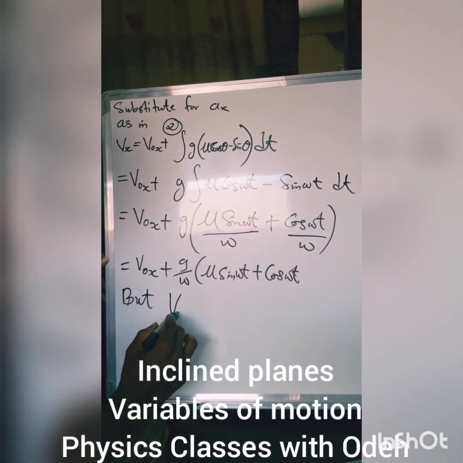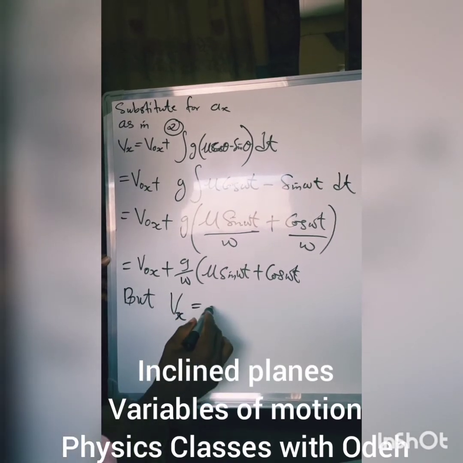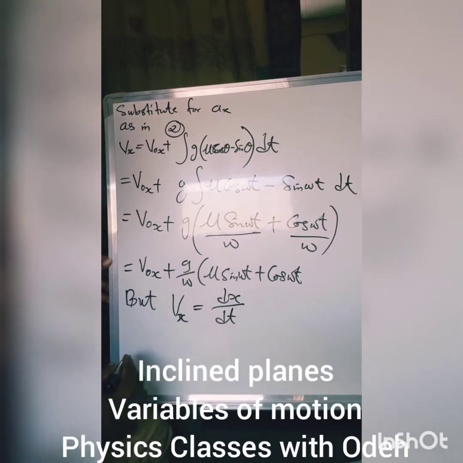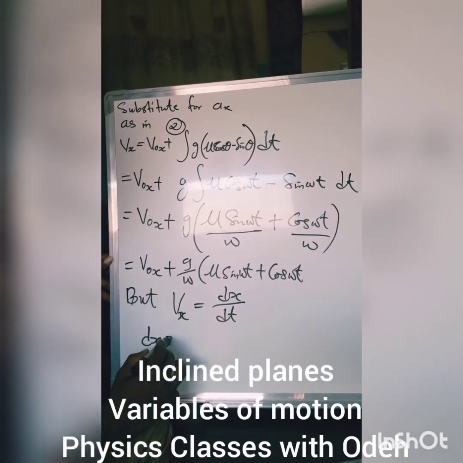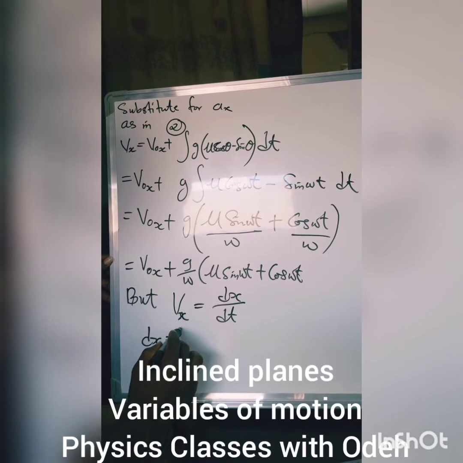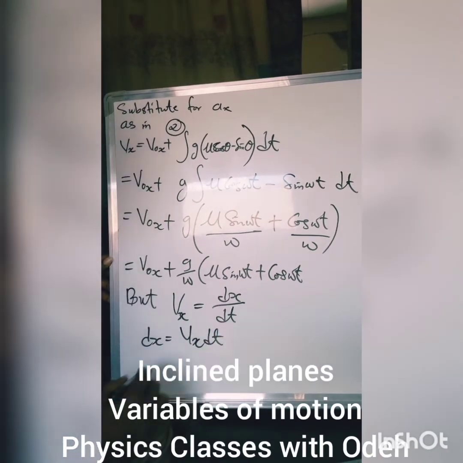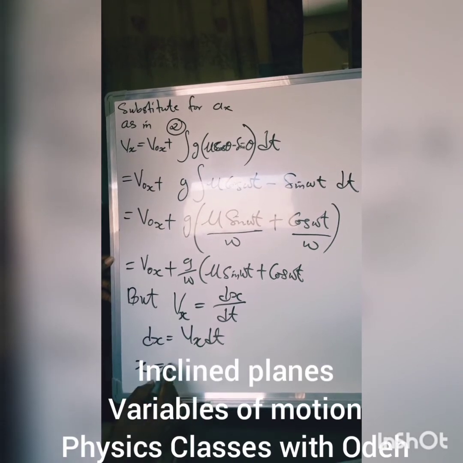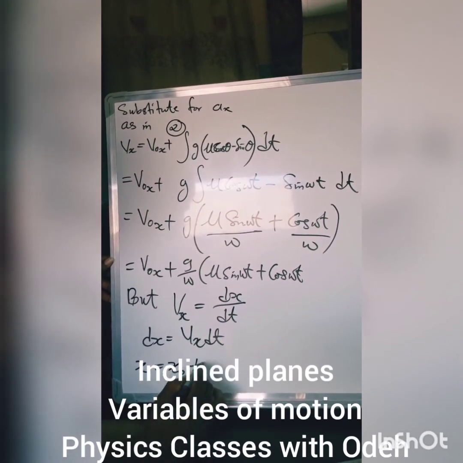But vx is equal to dx over dt. If this is the case, we're going to have that dx is equal to vx dt. We're going to have x is equal to x naught plus the integral of vx dt.